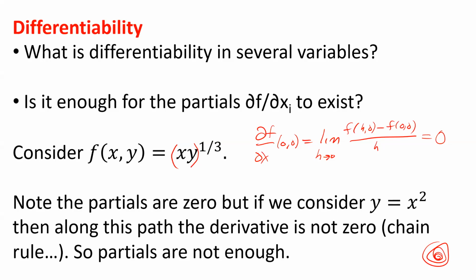So this is one of the differences between several variables and one variable. In several variables, it is a huge deal to be differentiable. So does anybody remember what the definition of differentiable is?